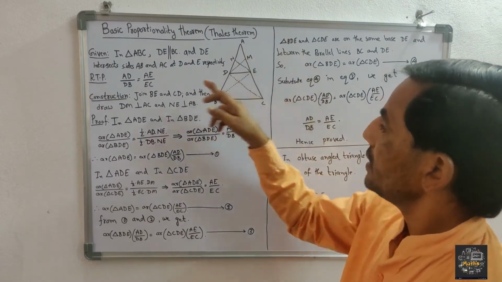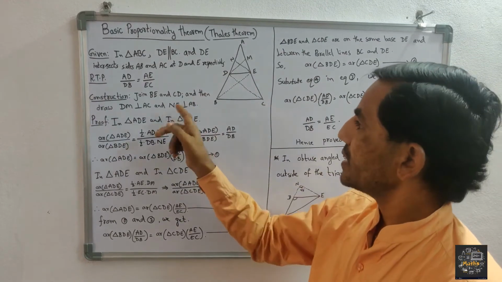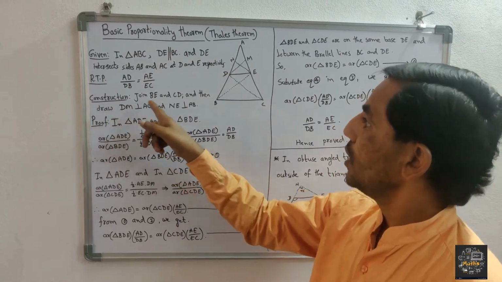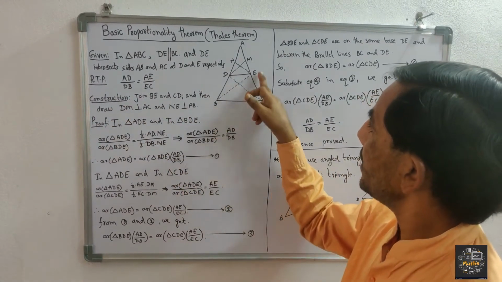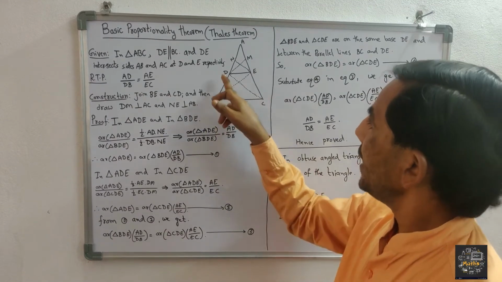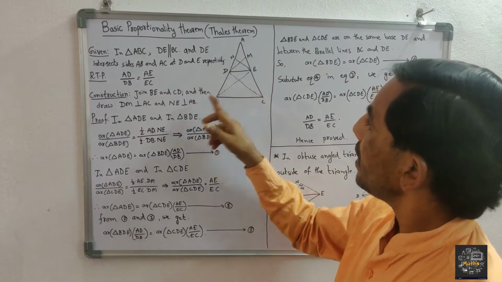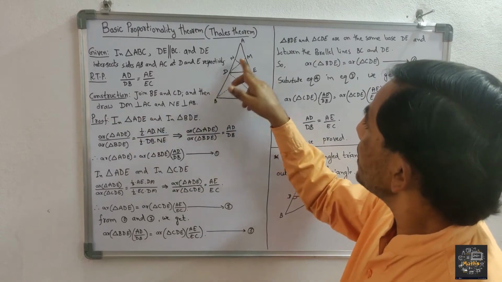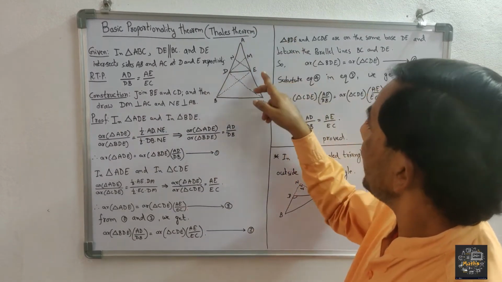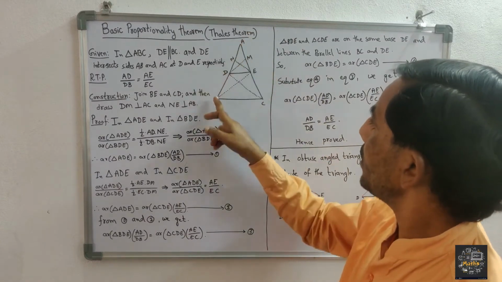Next, we take one construction. Join point B and point E, that is BE, and point D to point C, that is CD, and then draw DM perpendicular to AC and NE perpendicular to AB.